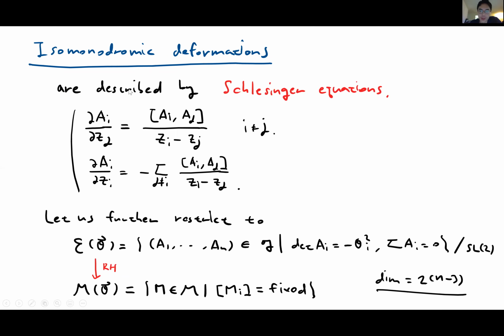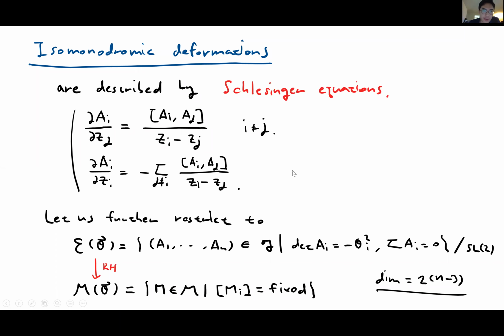And these deformations can be described by the Schlesinger equations. Schlesinger is the name of the mathematician that discovered this. It's given by these differential equations. So the derivative of A_i over z_j is given by this expression. Here, the bracket is just a matrix commutator. And when i equals j, we have this expression.